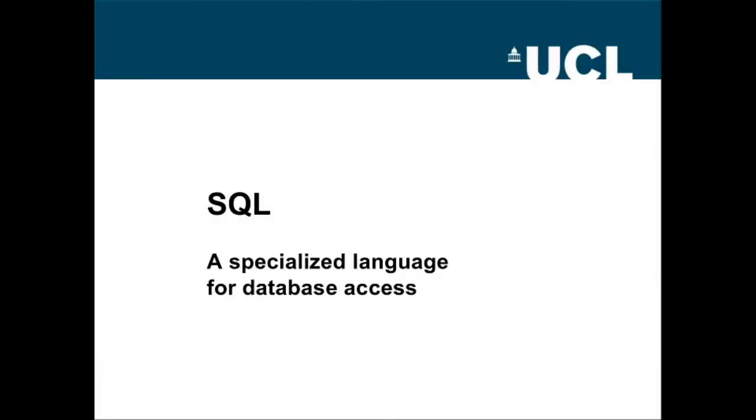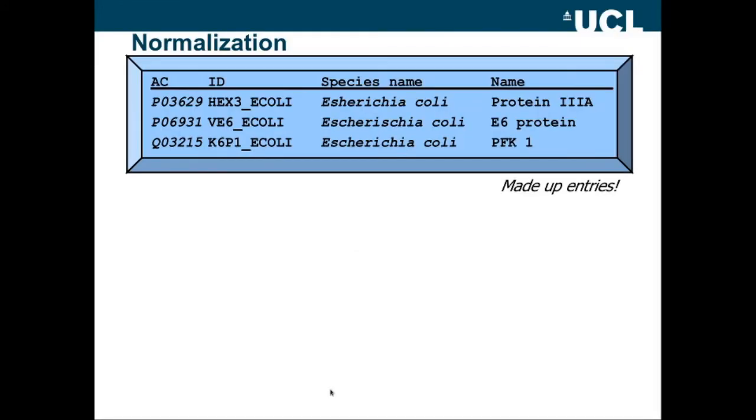So now we're going to come on to a specialized language for accessing databases. Now I've mentioned this language before. It's called SQL or SQL, which stands for Structured Query Language. Now we looked at this example before of creating a table of, in this case, proteins, protein accession codes, identifiers, species names, and names.